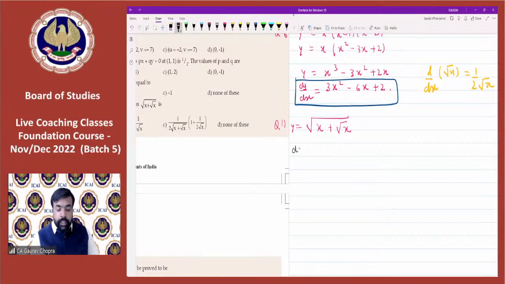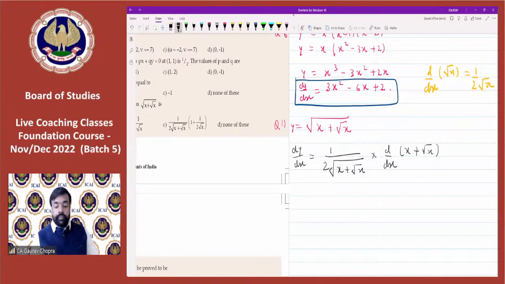So it will become dy by dx is equal to 1 upon 2 and the whole thing is x. Now multiply with the derivative of x plus root x. So let's do this. 2 root x plus root x.